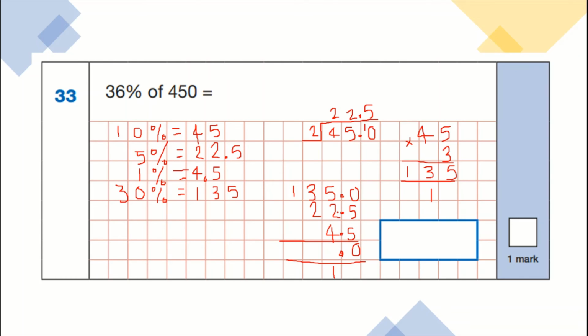Plus 2 is 11. Remembering that 1 is 12. 3 plus 2 is 5. Plus 1 is 6. And remember that 162.0. Now we don't need to write that 0, so the answer will just be 162.